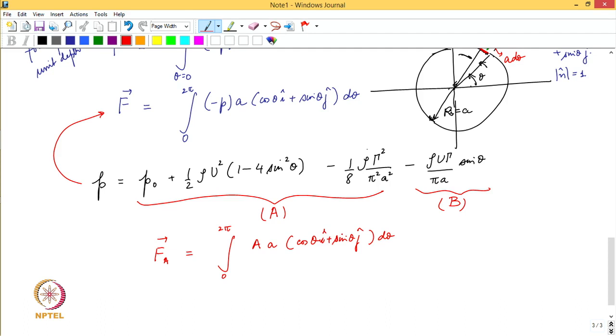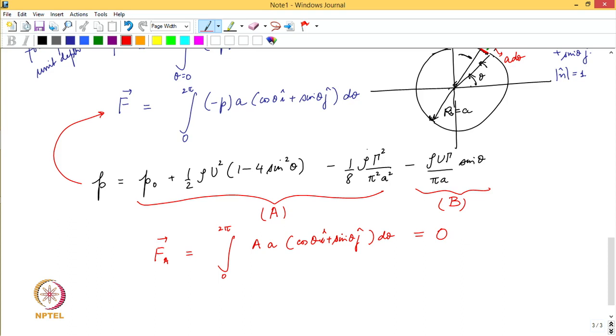If you were to integrate this function over 0 to 2 pi, you would actually get 0, and this I would like you to verify. This is a simple integral. I am sure you can work this out. I don't want to spend time deriving this trivial result, so I am leaving this to you to prove.